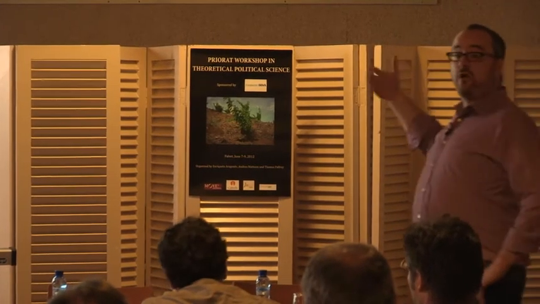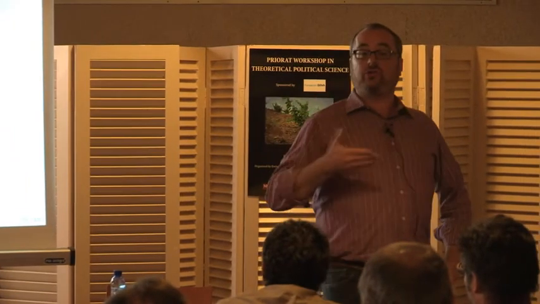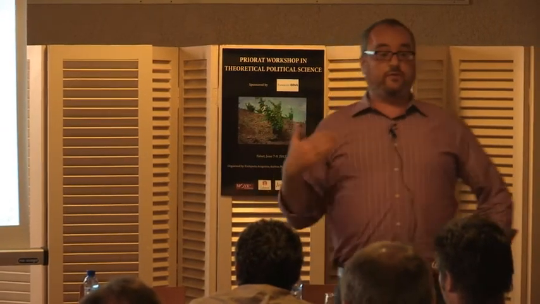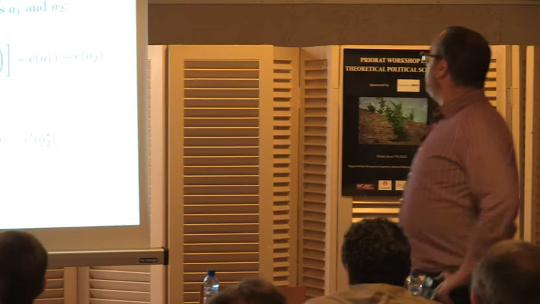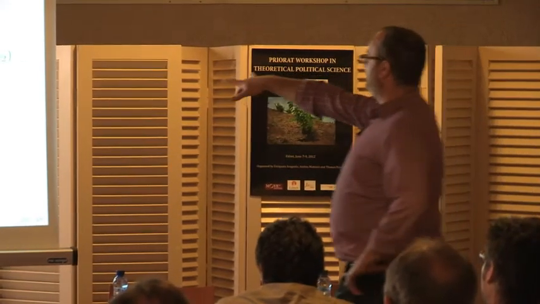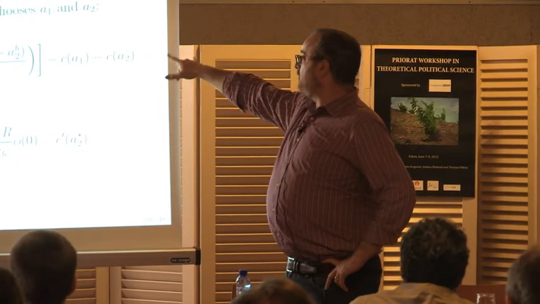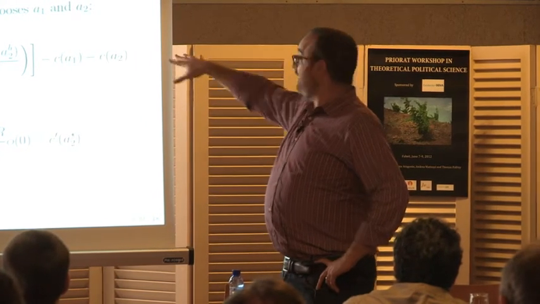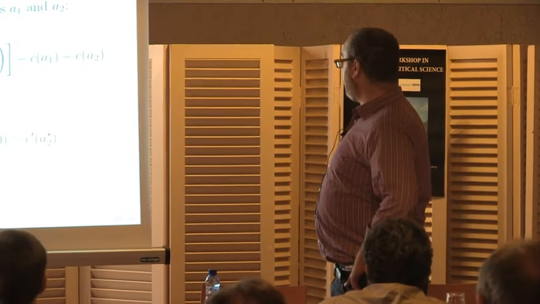And so from this, the politician can calculate his probability of re-election conditional on any choice, given the beliefs of the voter and the learning rule. Right? And so from that, you can just write down the probability of re-election. So this is the CDF of the normal distribution. If I get an outcome that's higher than that thing, where the thing is mean 0, then I'm going to get reelected.